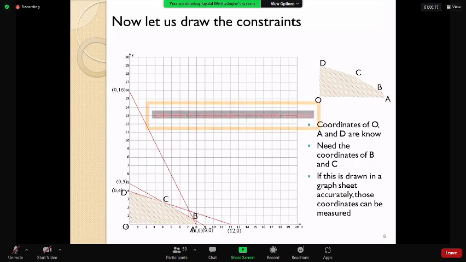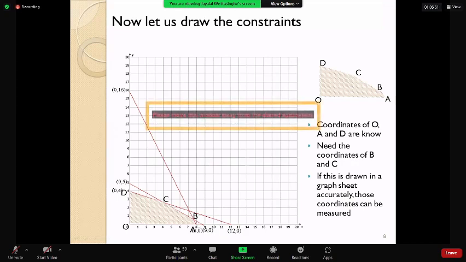Yes, that is the method: solve the two equations simultaneously. So point B is there because of these two lines. It is the intersection of two lines, and we know the equations of these two lines.